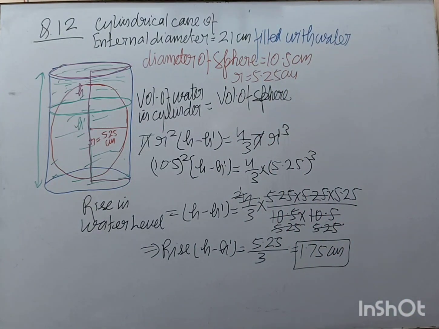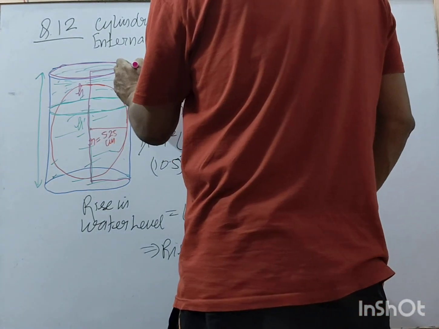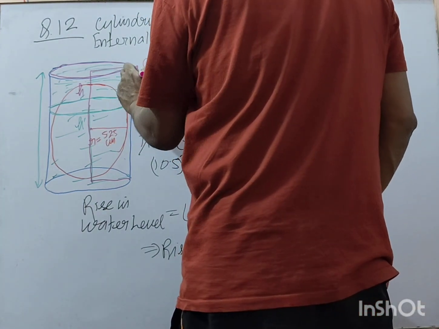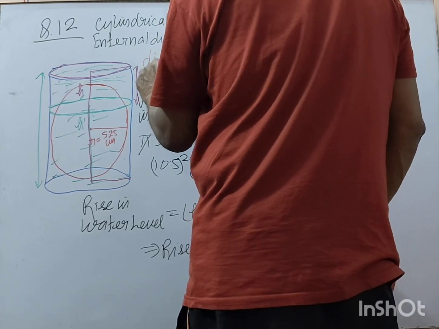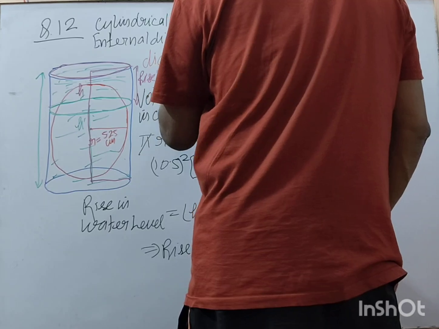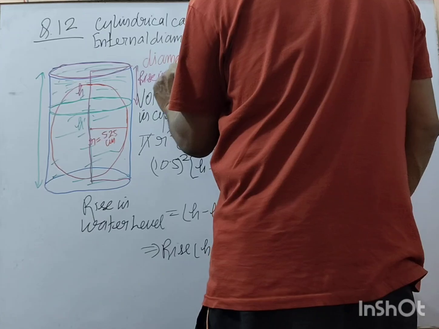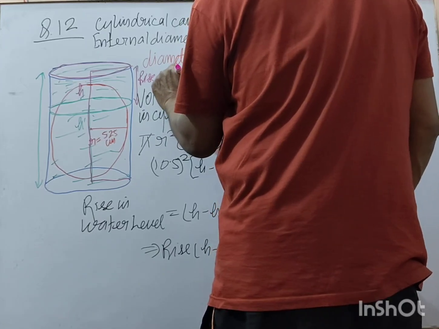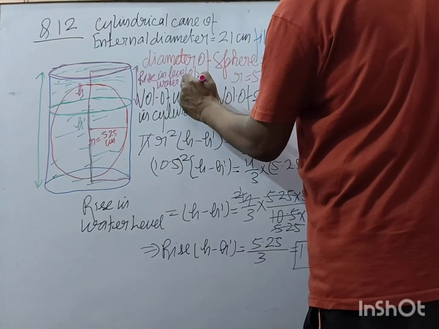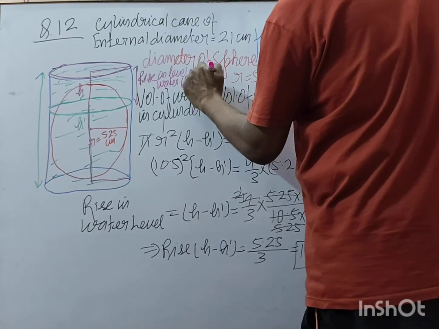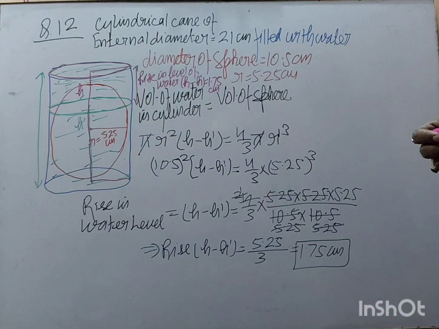This much is the rise. Rise in level of water, that is h minus h dash, is 1.75 centimeter. Right?